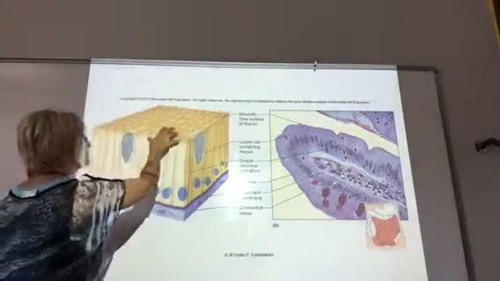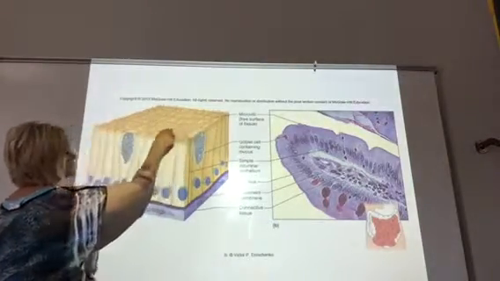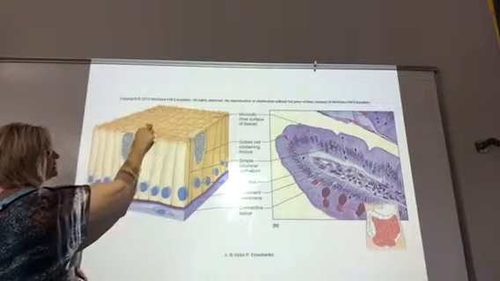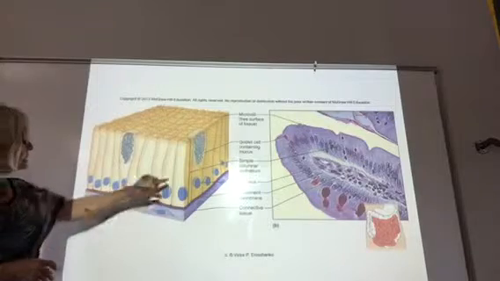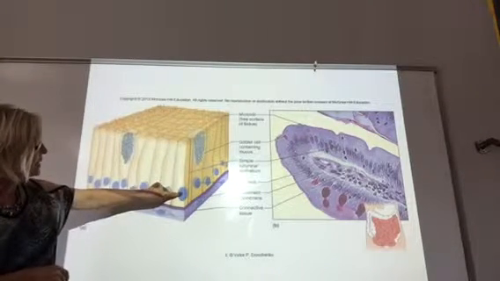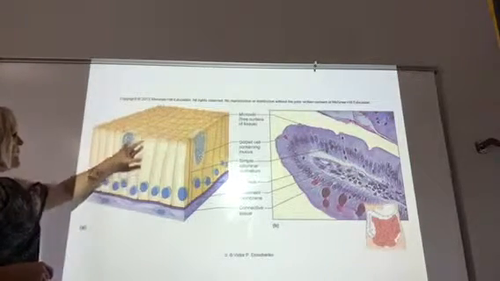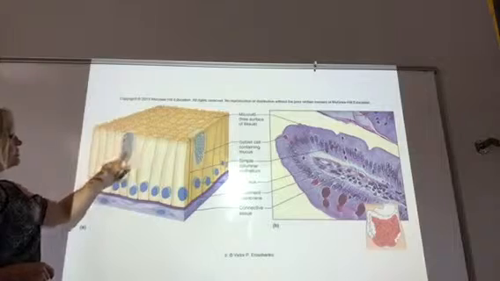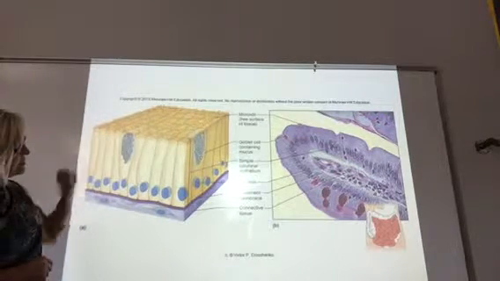This one would be like in your intestine, because these little bumps are the little microvilli, all the little extensions of that cell. So here's one long cell. Here's the nucleus towards the bottom. Here's the free surface. This would be a goblet cell that's going to release mucus. And like I said, we'll look more at those.